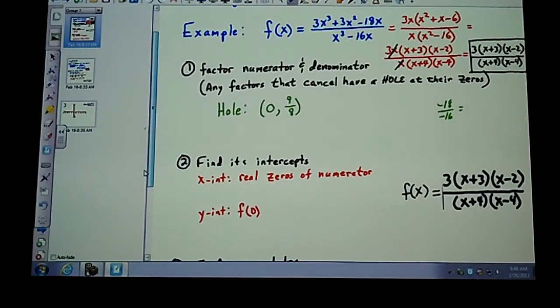The next step is to find the intercepts, and of course we like to find the x-intercepts, which would be the real zeros of the numerator. For the remainder of this problem, I will really just be looking at the simplified function, where we canceled out the common factors. To find the x-intercepts, we can see that we have zeros on top, which would be negative 3 and positive 2. So let me make a note of that.